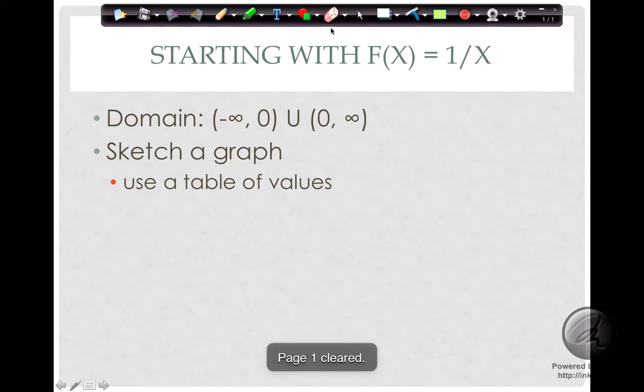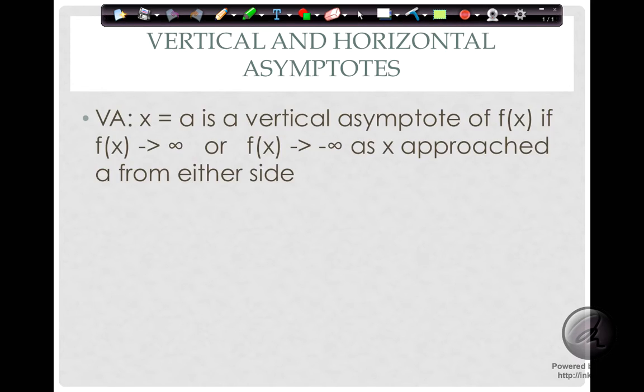All right. If we were to move forward and look at vertical and horizontal asymptotes. A vertical asymptote is always the equation x equals a number. It's a vertical asymptote if we say it approaches infinity or negative infinity as we approach that x value.